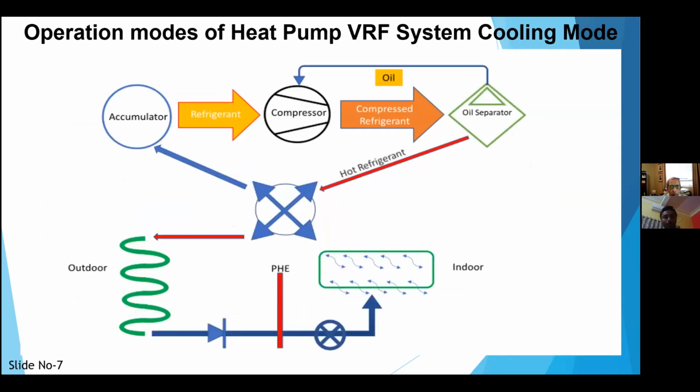This is the operation mode of the heat pump VRF system in cooling mode. The heat pump system has two types of operation: heating and cooling. First, in the cooling operation, the DC inverter compressor takes refrigerant in from the accumulator. Some oil is also supplied for smooth functioning of the crank, and the refrigerant and oil mixture is passed through the oil separator, where the oil is separated from the refrigerant gas.